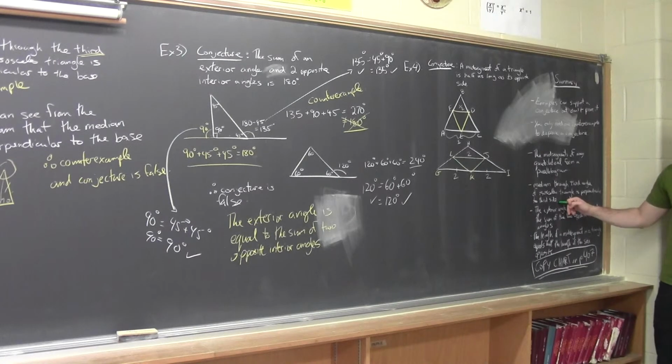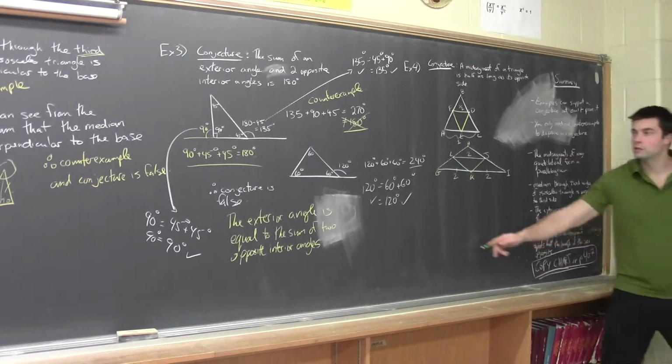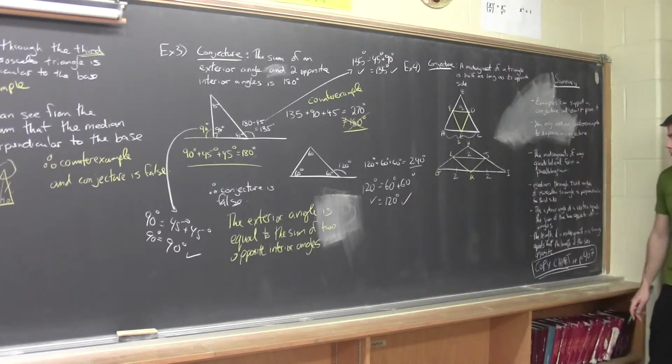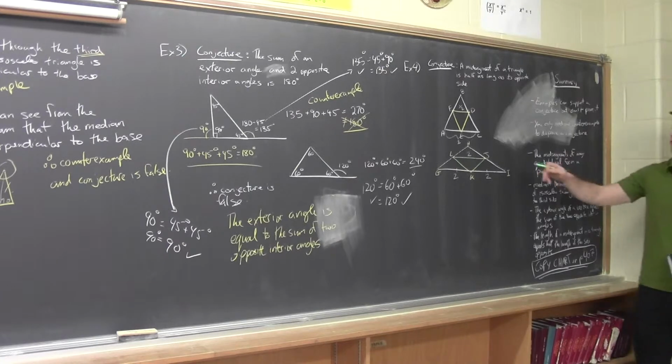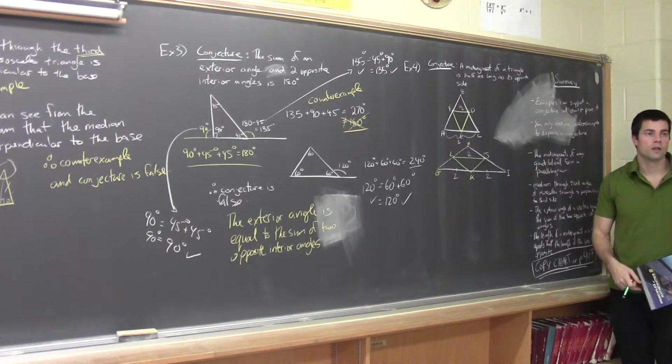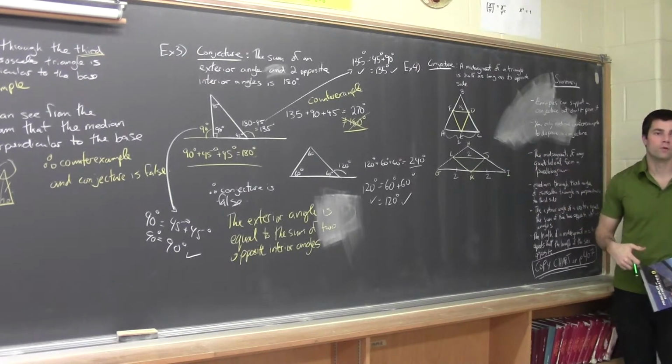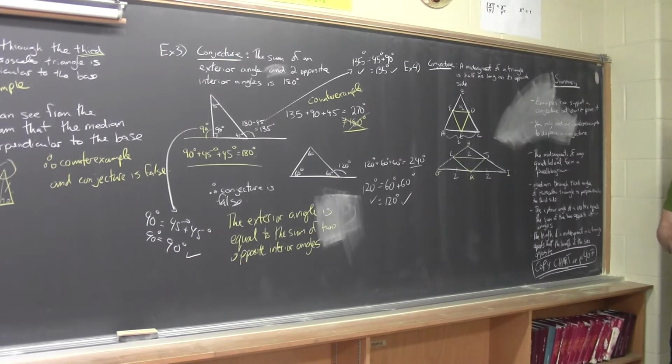We saw that in example 2. The exterior angle of a vertex equals the sum of the two opposite interior angles. That was example 3. And the length of a mid-segment in a triangle equals half the length of the opposite side. Again, another fact that you need to have memorized. You don't want to have to try and prove this every time you go through a question like this. It just has to be given information.